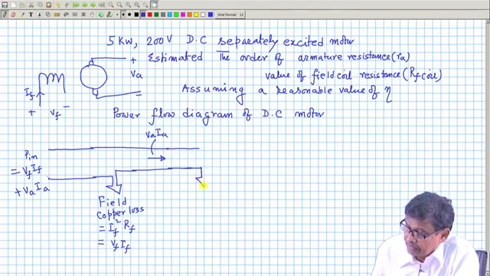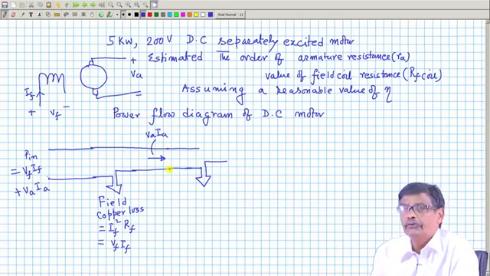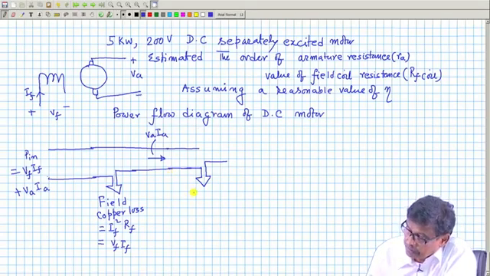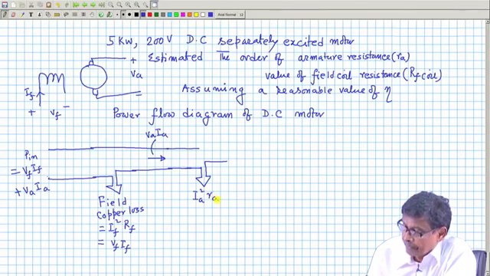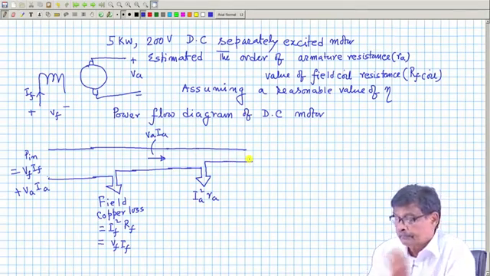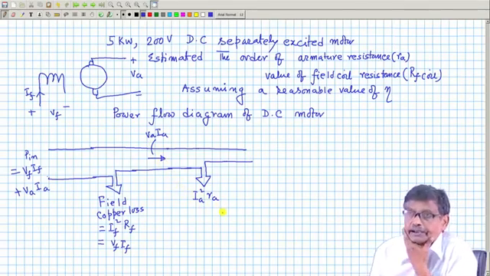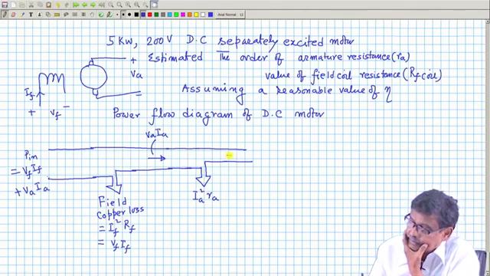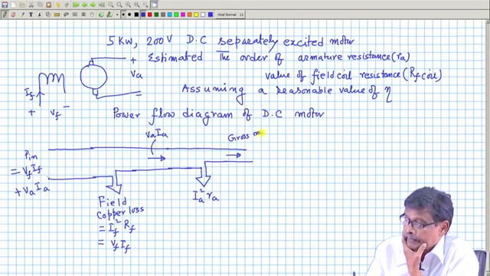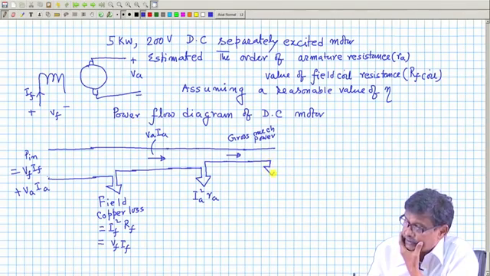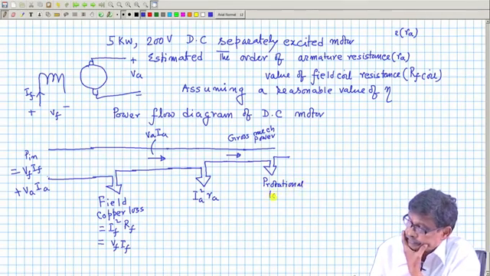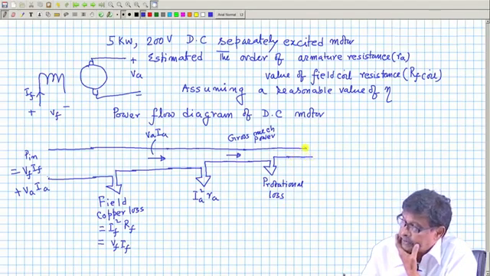Out of this total power input, a portion will be lost in what is called armature copper loss, I A square R A. If this is subtracted, I will get the gross mechanical power developed, from which if you subtract the rotational loss, you will get the net mechanical power output, P net mechanical.